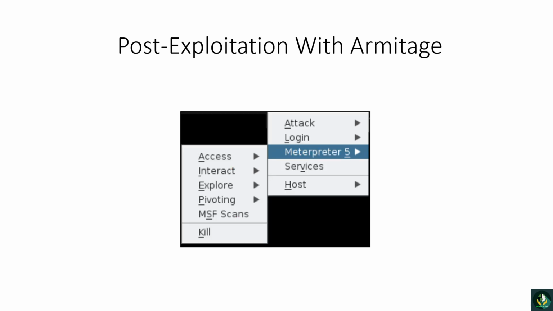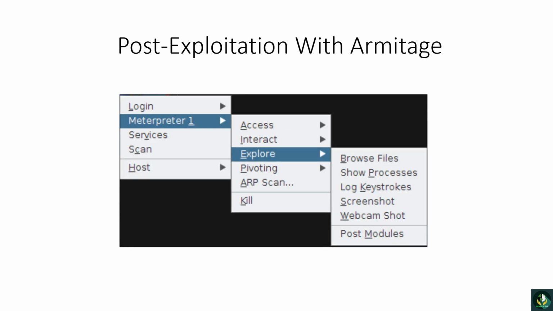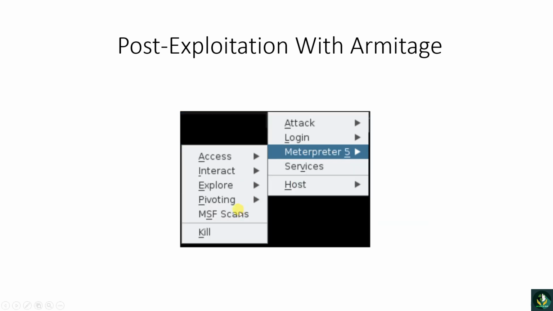The interact submenu will provide the option of getting the command prompt, another Meterpreter, and so on. The Explore submenu, which is this one, will provide options such as browse files, show processes, log keystrokes, screenshot, webcam shot, and post modules, which are used to launch the other post exploitation modules that are not present in the submenus.